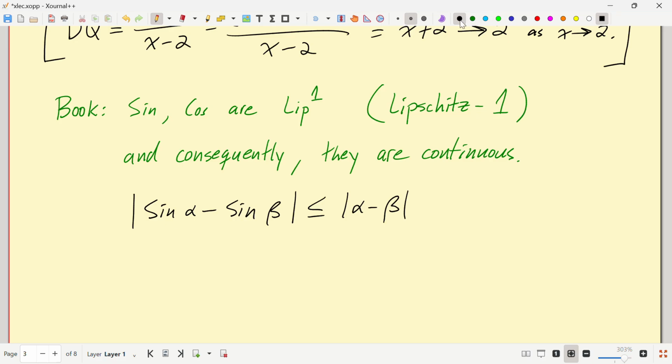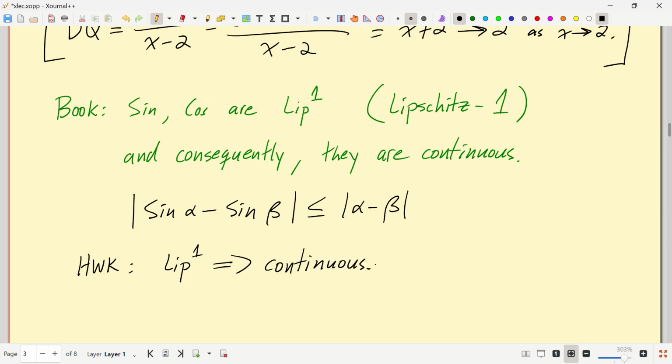So homework problem: Lip 1 implies continuous. I'll let you think about that in the homework.